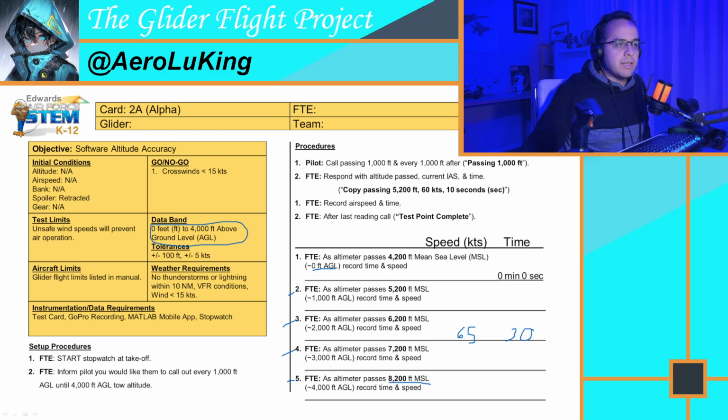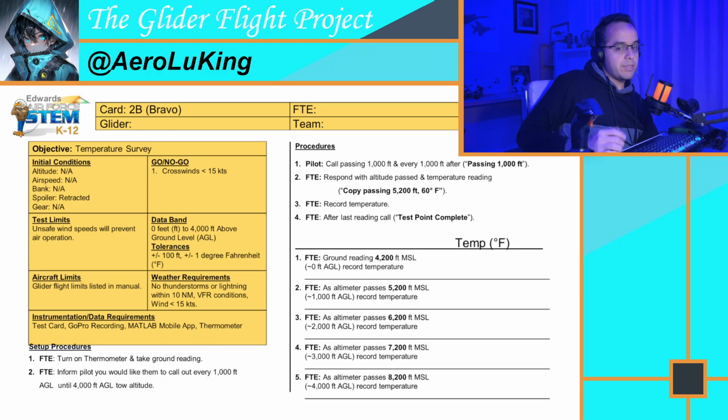Whatever you decide to say, either the 4,200 feet mean sea level and so on, or 1,000, 2,000, make sure you stay consistent with the unit of measurement you're going to be using. Towards the end, once you're done with step 5, it's your responsibility to let the pilot know you're done with the test point by saying test point complete. That just lets the pilot know we're done with this test card, we're moving on to the next one.